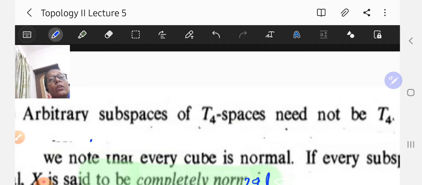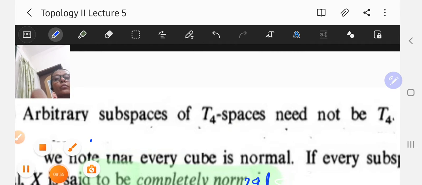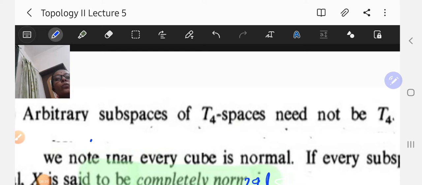But in this T4 space or normal space, the result is that an arbitrary subspace of a T4 space need not be T4. But there is some result, which says a subspace of a T4 space is T4 under a condition.